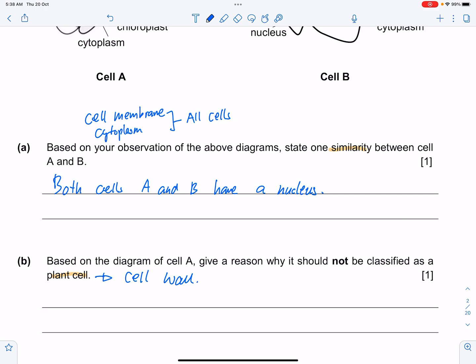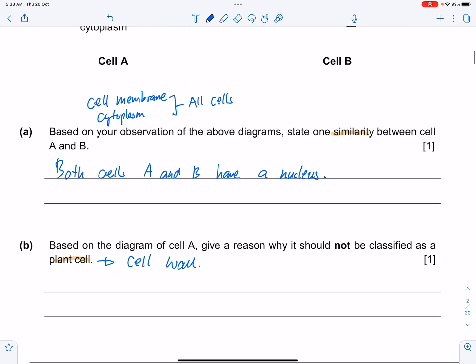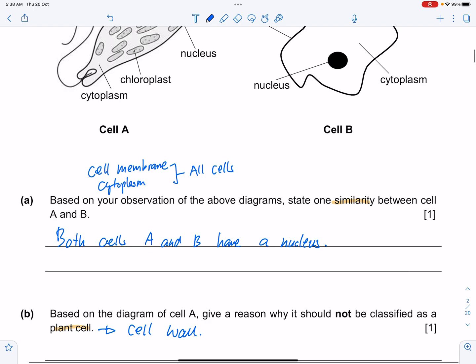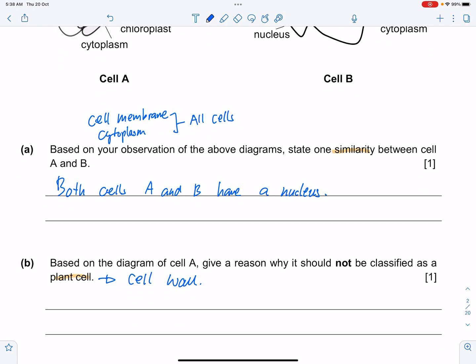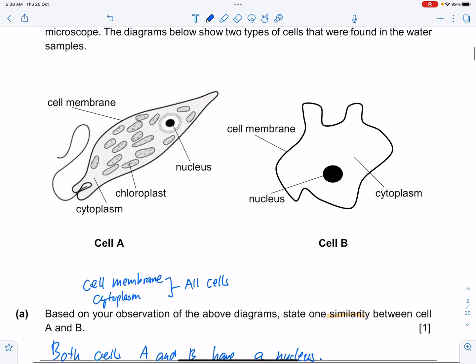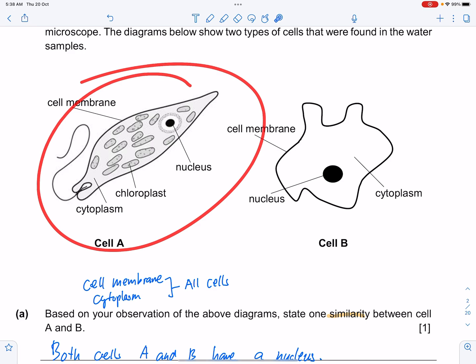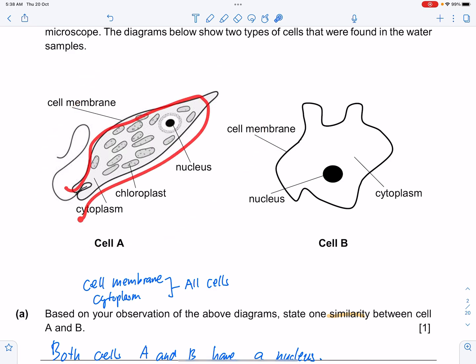Now here's the thing, for this question many students will just go, oh, cell A does not have a cell wall, that's why it's not a plant cell. Now this doesn't really qualify it, you're just telling me a fact, right? You think about it, I look at cell A, one look at it and I know the cell wall is missing. You're just describing to me cell A, you're not quite answering the question.